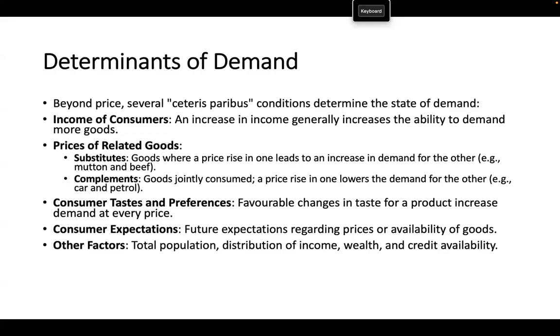And also credit availability. If you go to the US, the developed countries where they have credit facilities, where they buy goods on credit, they can demand more of a product. Now you have your friend who moved to the US, let's say two years ago. Because he has credit, he can use the credit to buy whatever car he wants.